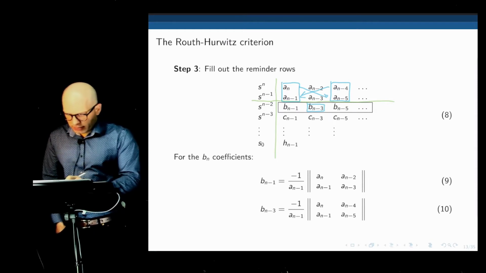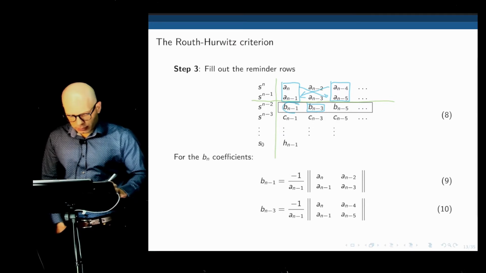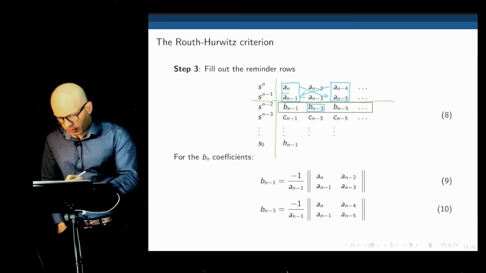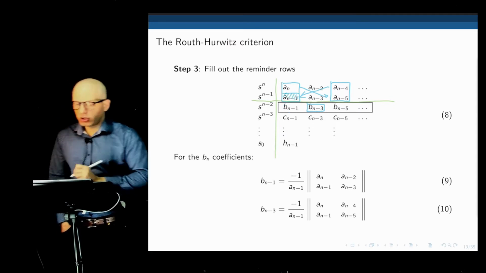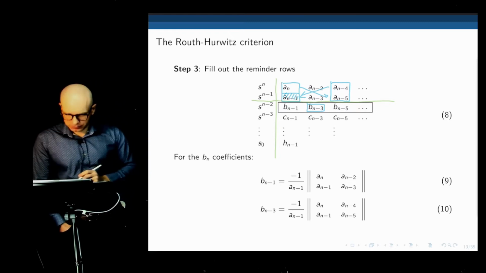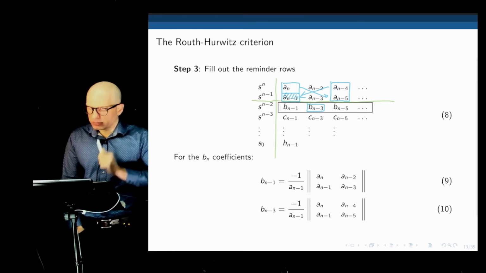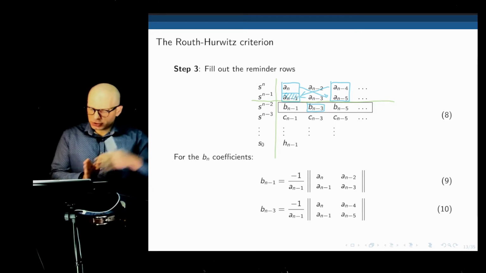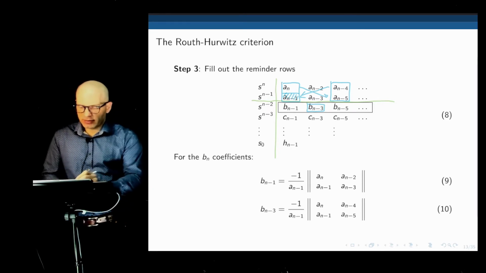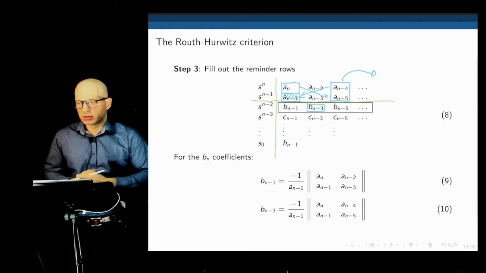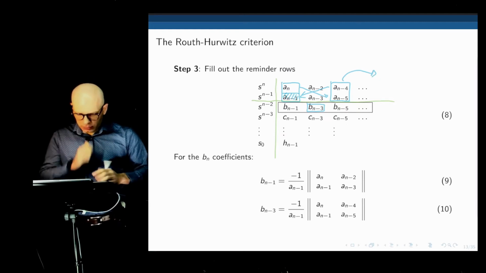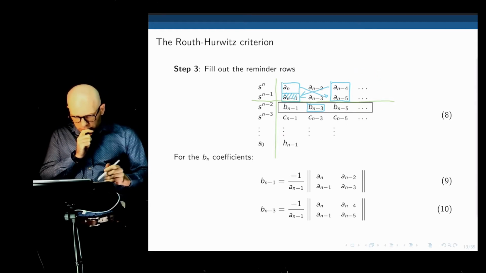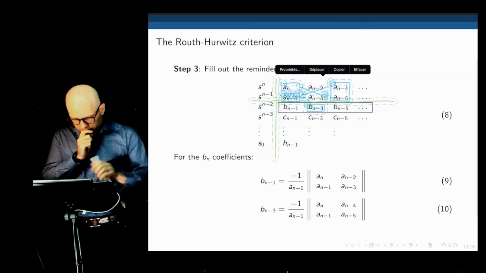And we again divide this by a n minus 1, which is always the bottom left in the operation. If you stretch that one more, if you go to b n minus 5, then this one would move to the next, and so on. We'll do an example soon. Those will make more sense with numbers.